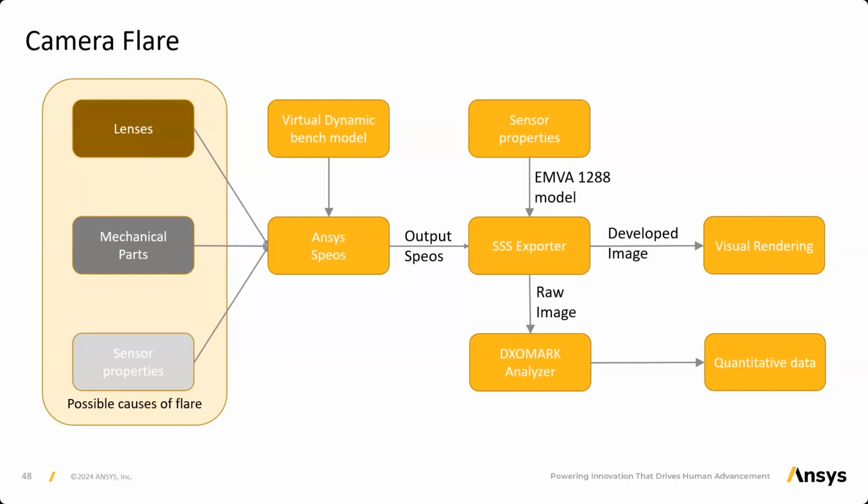And from the SSS exporter, we output two types of results: the developed image in order to have a visual rendering of the flare, and also a raw image to send to the DXOMARK analyzer to get quantitative data.